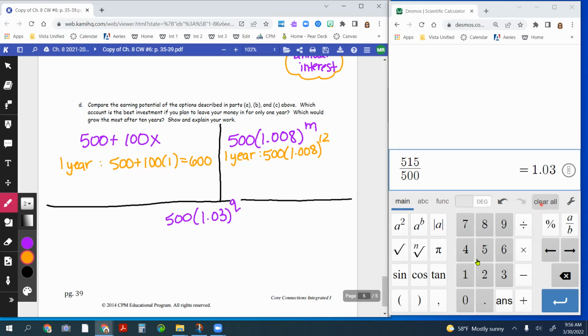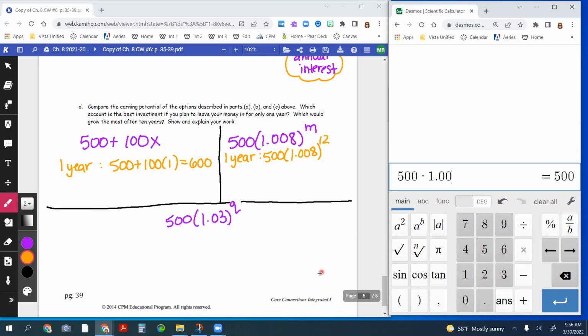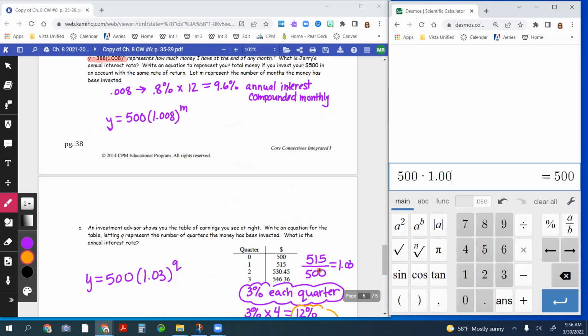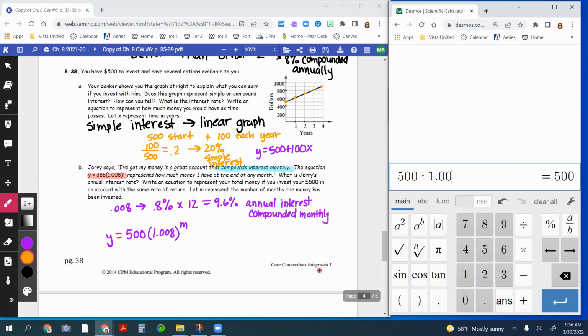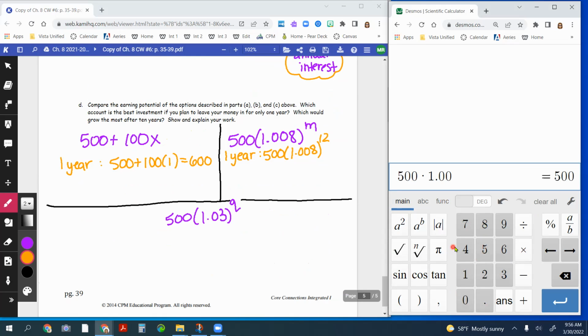So let me put that into my calculator. 500 times 1.008 raised to the power 12. Let me double check, I just want to make sure I had enough zeros.